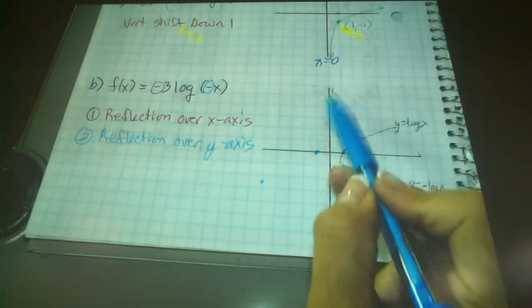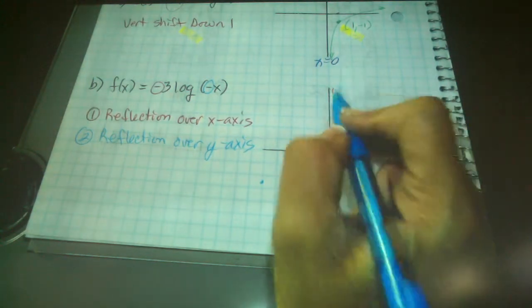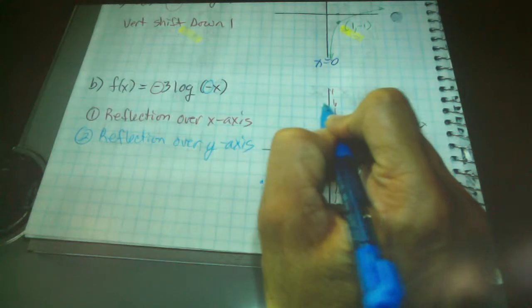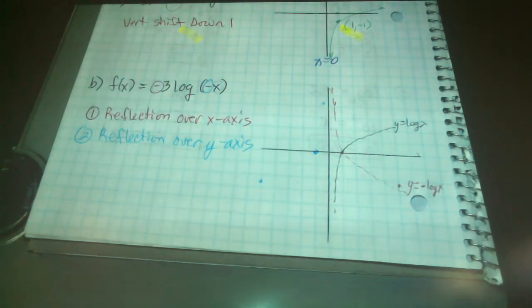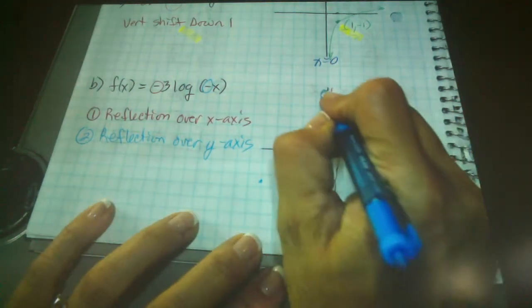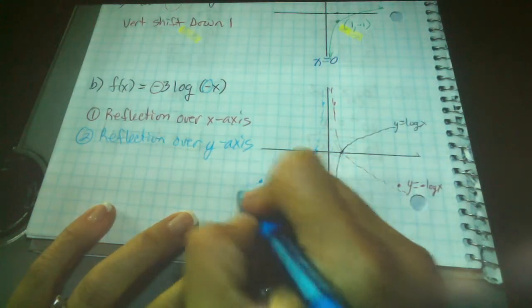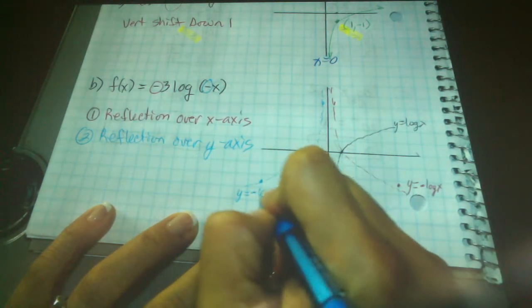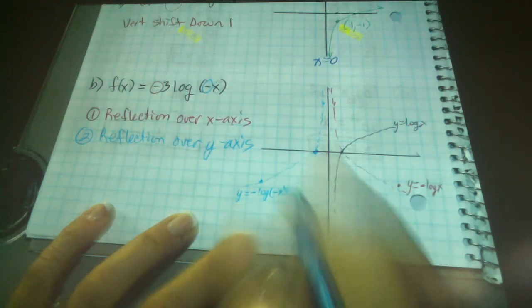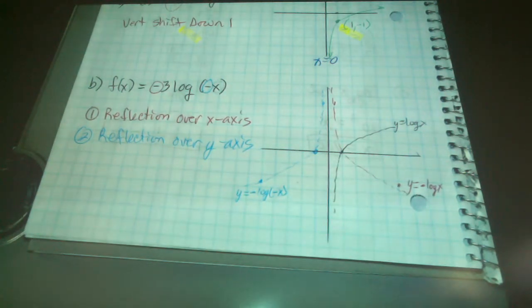So right there. Kind of helps you get to what you're supposed to be hugging. And so then this is the second translation, y equals negative log of negative x. So that has both translations in it. That's your double reflections.